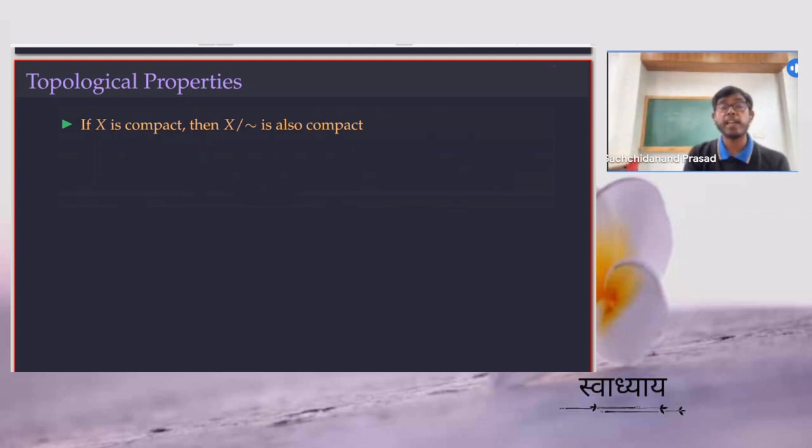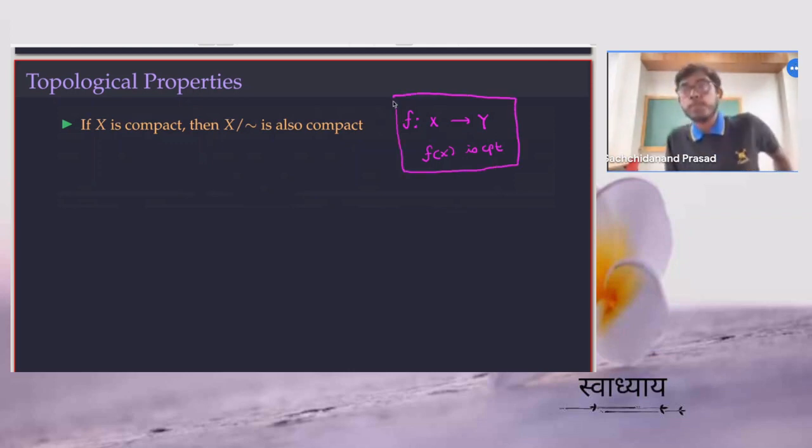And we are using the fact that if f is a continuous map between X and Y, and if X is compact, then f of X is compact. And how do you prove this? This is not difficult to prove, so let's quickly see the proof of this fact. How do you prove that the image set is compact?